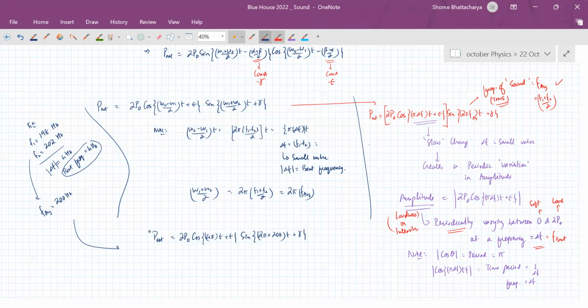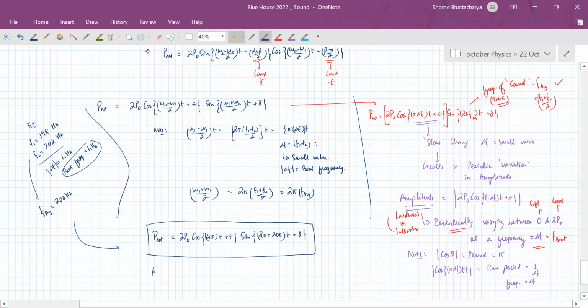So in this particular example, you can see that the amplitude is equal to mod of 2p0 cos 4 pi t plus whatever this epsilon is. So we can see that the beat frequency is equal to 4 hertz, and the frequency of sound heard is 200 hertz.